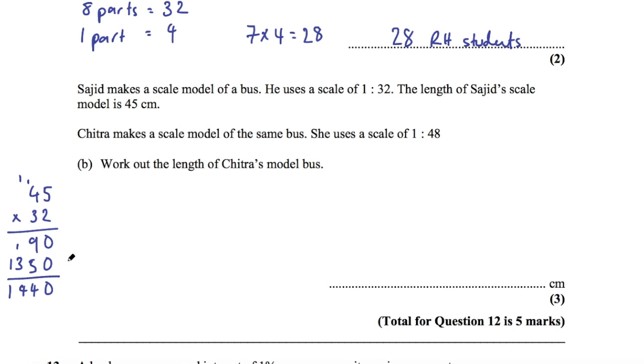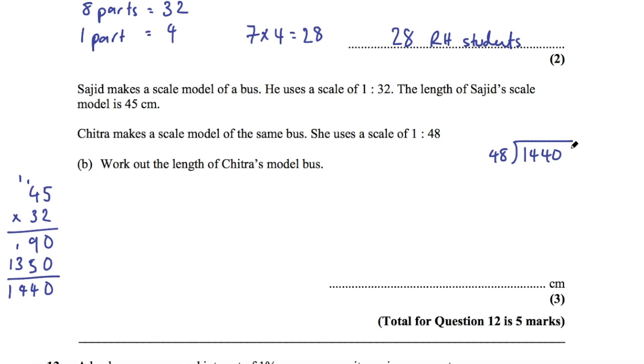And then we need to go ahead and divide that by 48 to get the size of her scale model. So you could try to do it using the bus stop method, but then you still have to work out, well, how many times does 48 go into 144? And then probably the best way is just to use trial and error.